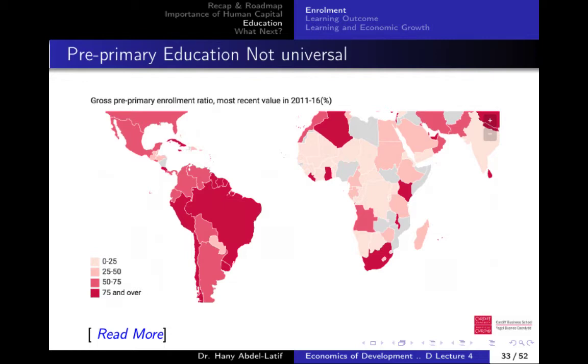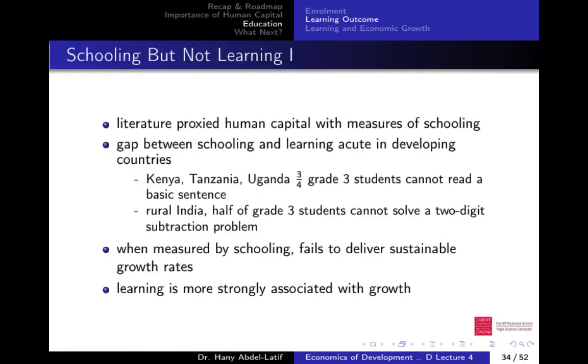So what we're looking at here is actually something even worse when you consider the quality of education. That is why I'm looking at this recent work by the World Bank, because most of the earlier literature mainly focused on enrollment, assuming that when a child is enrolled in a school, they are learning.